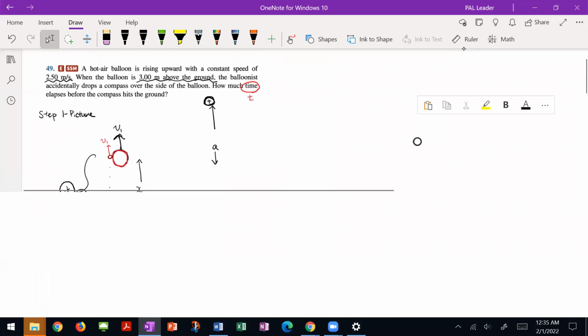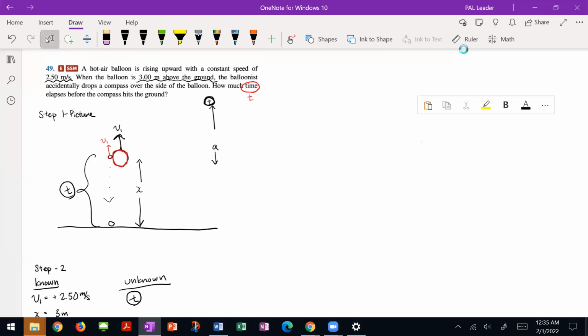Okay, step 3, our equations. We have V final equals V initial plus AT. Distance equals V initial T plus half of AT squared.